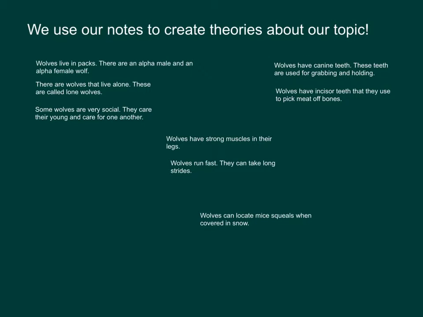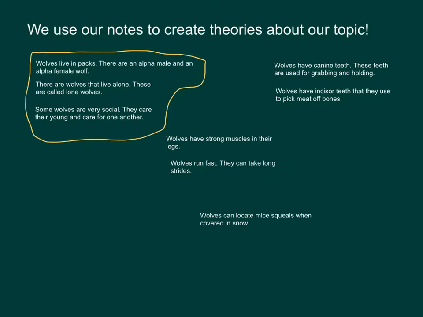Readers, we're going to take a look at this first set of notes about wolves and how they live. And as I read through these notes, I'm noticing that it's saying that wolves live in different kinds of ways, and wolves are different. So I'm thinking that that could possibly be my theory. Wolves have different personalities. Some live in packs, some are alpha wolves, some are beta wolves.